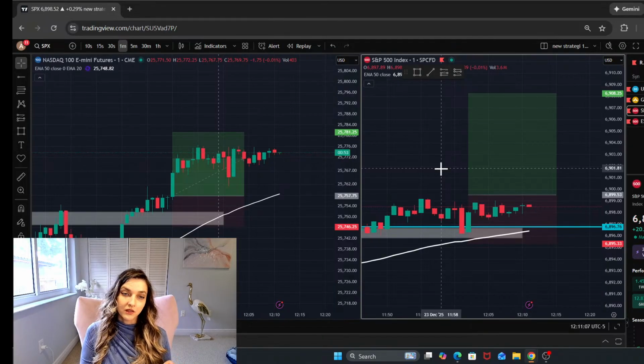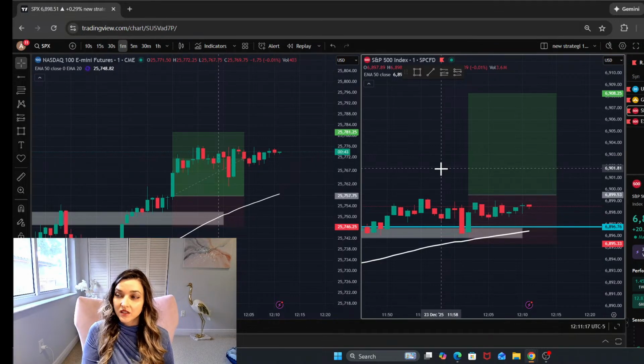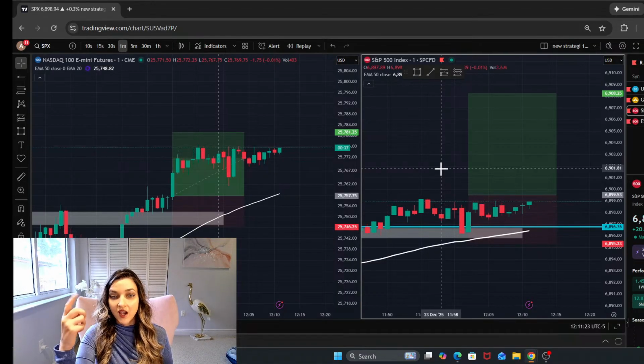This is break and retest, but you also have just the retest strategy where the price gets to an area, the high from yesterday, and you see it retest that area, right? So now when I see that, I'm waiting for the price to go below or above the EMA, and then I take the trade.